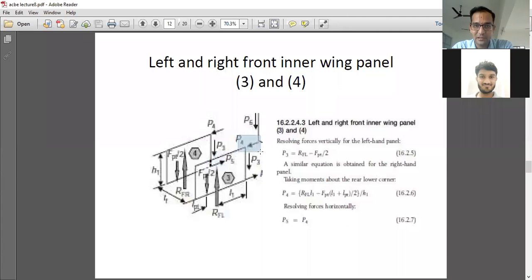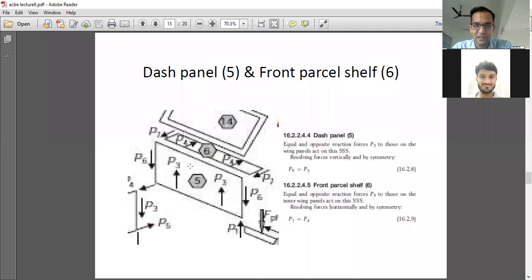Here it was in leftward direction, towards the front panels, the inner wing panels, and this is towards the body. And P7 is going to react with P4. So P6 and P7 are the reactions offered by the body, and P3 and P4 are the loads available from the frontal inner wing components.